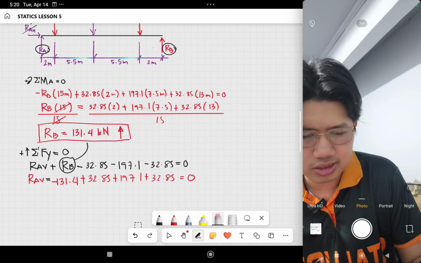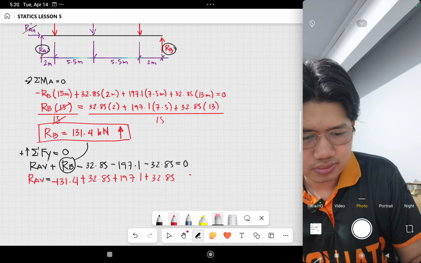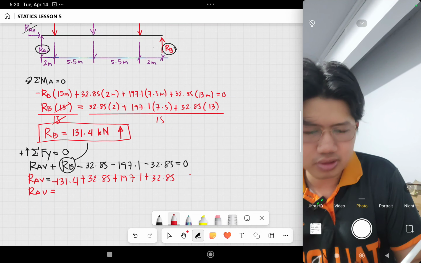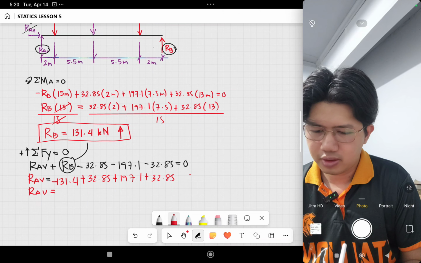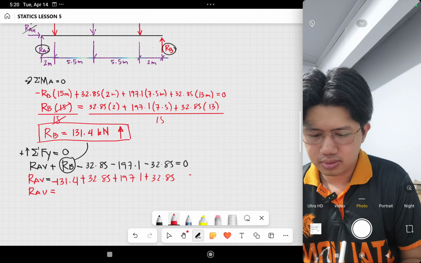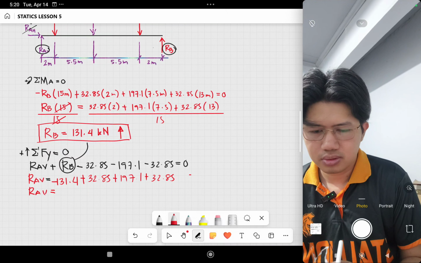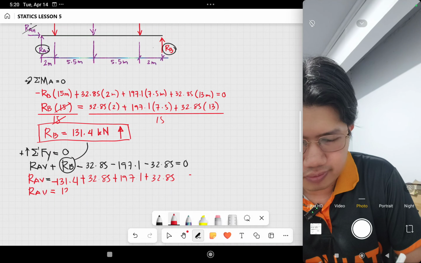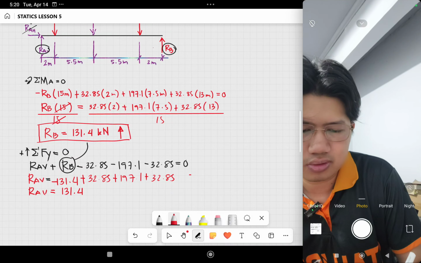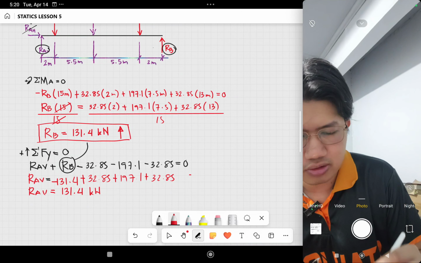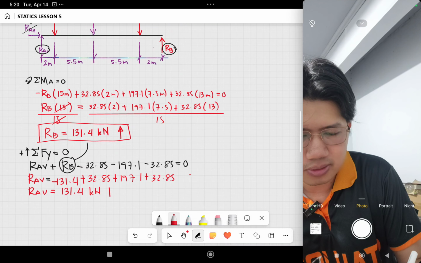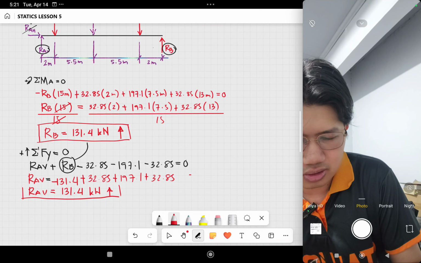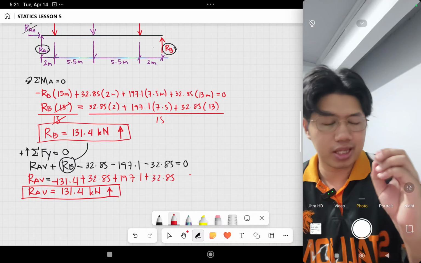So na-transpose na natin sila. So RAV is equals to 131.4 kilonewton. So it turns out to be positive. Okay, so ibig sabihin tama yung assumption ko na yung direction na inassume ko, which is pataas siya nung una.